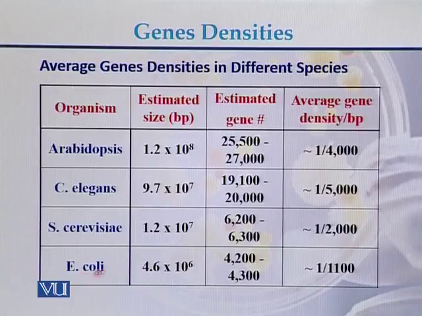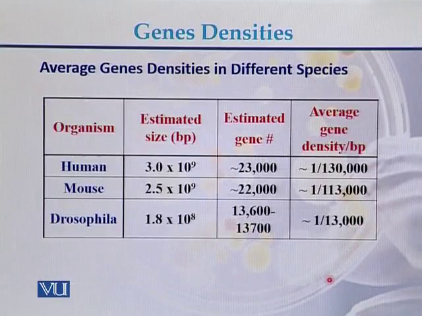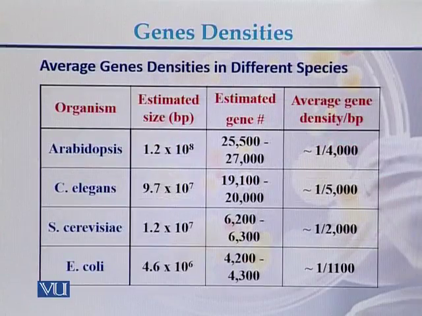In E. coli, one gene is present approximately in 1,100 nucleotides. On the other hand, in the human genome, one gene is present in approximately 130,000 nucleotides. So this is the comparison between the gene densities in eukaryotes and prokaryotes.